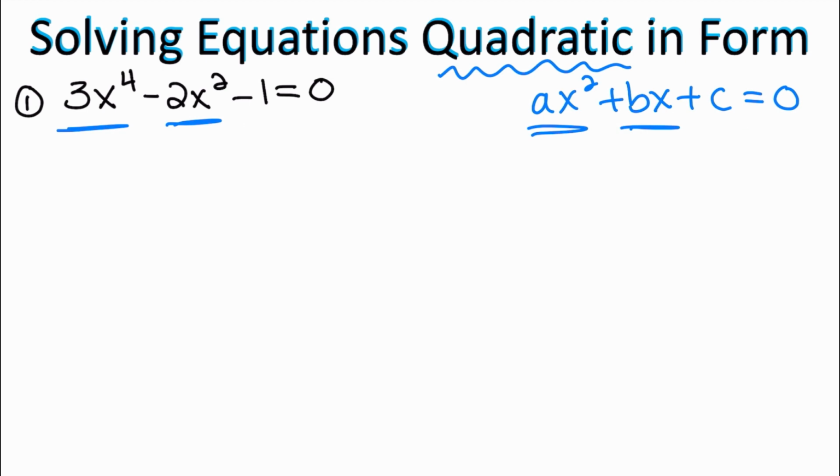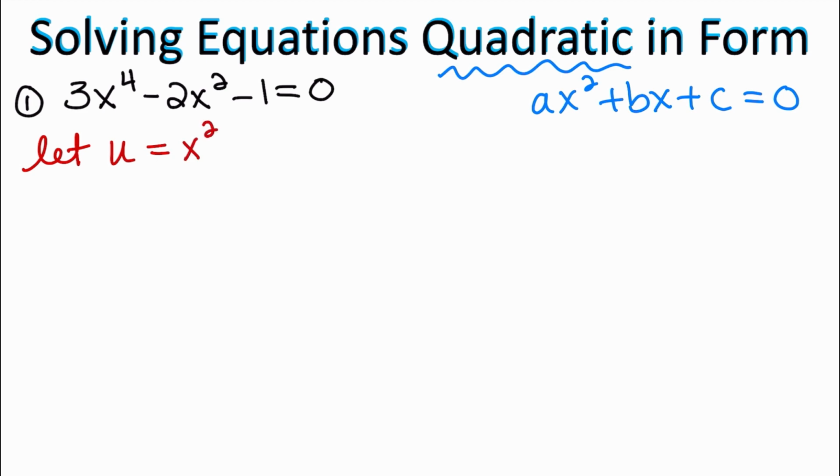It kind of looks like it could be a quadratic, and so what we are going to do is use a technique to rewrite this problem as a quadratic equation. The reason being that then we can use factoring to try to solve it. And that method is called substitution. We are going to let u equal x squared.